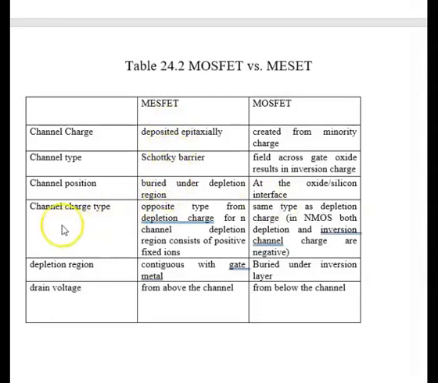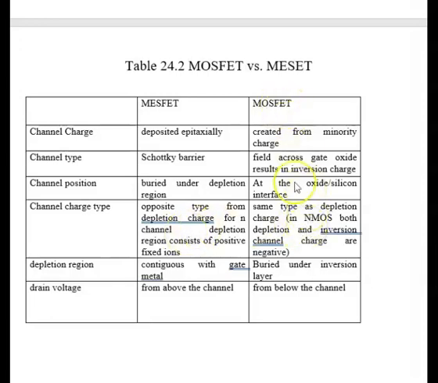Here's another very interesting dissimilarity. The depletion region for the MESFET is opposite in sign to the channel. For example, in the gallium arsenide N channel MESFET, the depletion region is positive fixed ions, whereas of course the channel is negative.